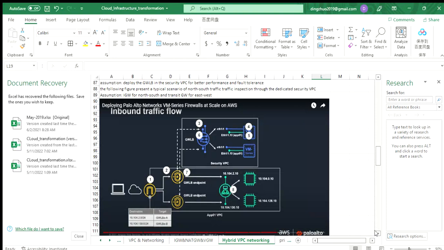The gateway load balancer is going to health check the backend instances, the virtual appliance instances. It can be any security vendor, and then based on the load, fairly distribute the inspection traffic and send it to the virtual machines, the virtual appliances on the backend.